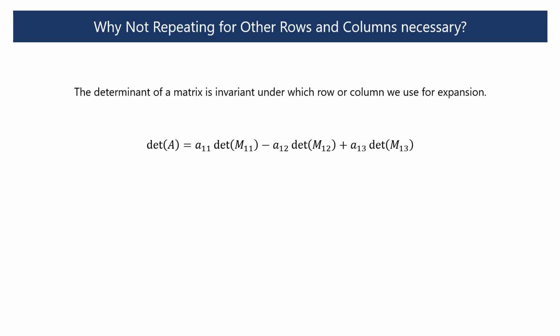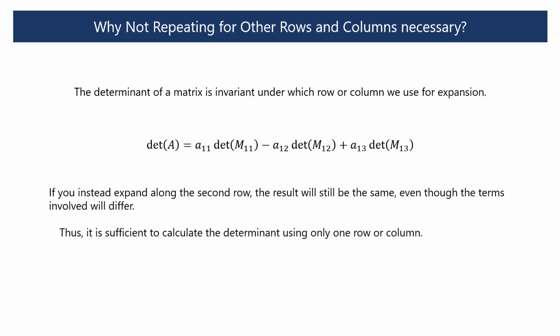For example, by expanding along the first row, we calculate the determinant as expressed in this way. If you instead expand along the second row, the result will still be the same, even though the terms involved will differ. Thus, it is sufficient to calculate the determinant using only one row or column.